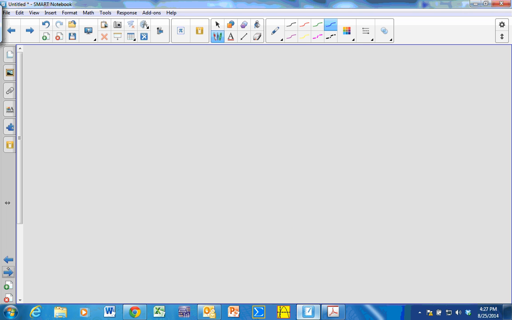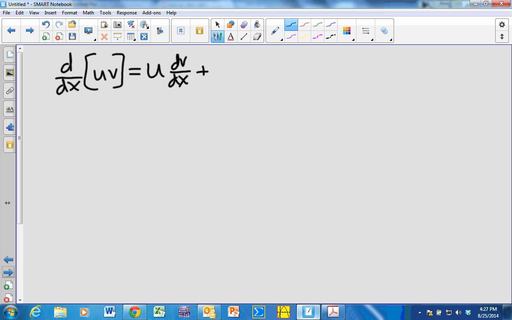And here's how the rule goes. So the rule for products is that if we take the derivative of two functions that are being multiplied, now this can apply for more than two functions, but we'll get to that much later. It gets a little confusing. It's going to be the first times the derivative of the second plus the second times the derivative of the first.